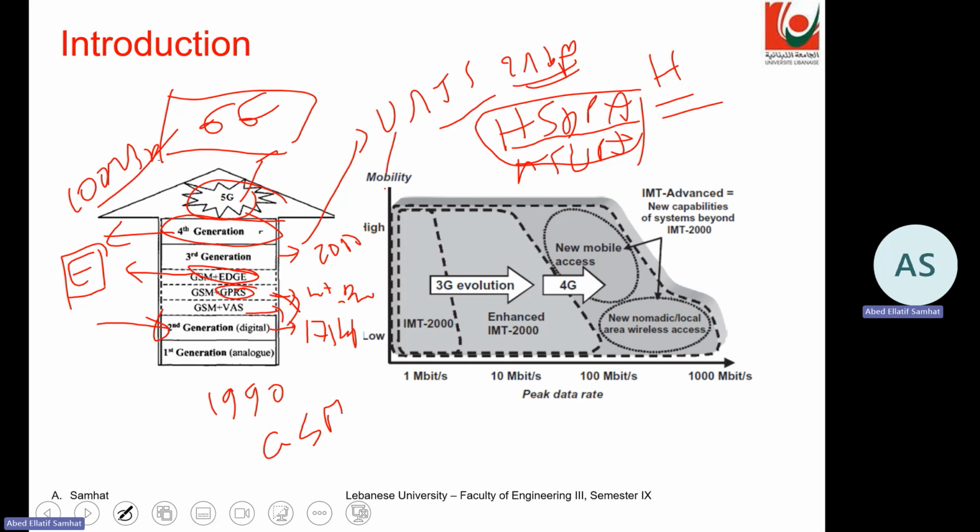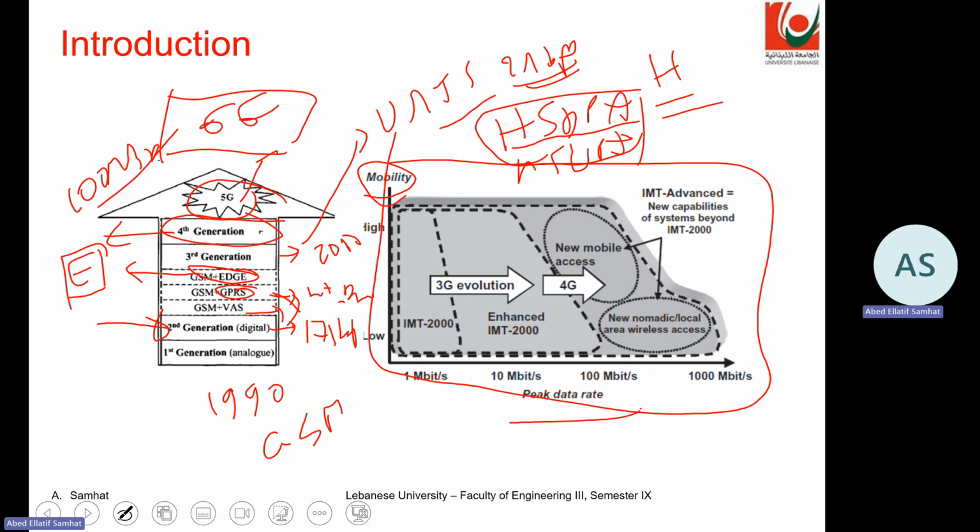And if we look at this figure, we can see the evolution also in comparison with mobility and bitrate. If we want high mobility in any technology, the bitrate will decrease, but if we are at low mobility, we can have a high bitrate. Let's take, for example, the case of fourth generation.